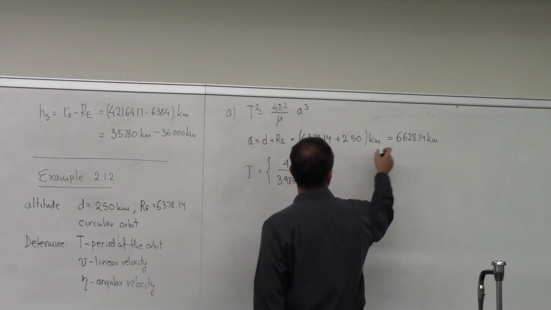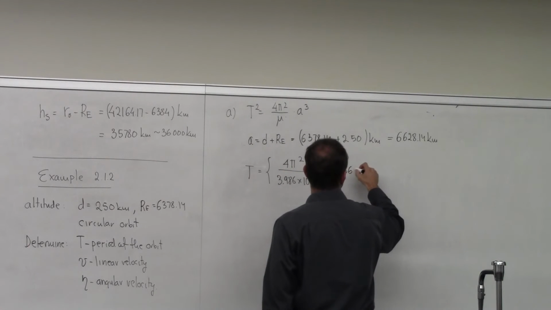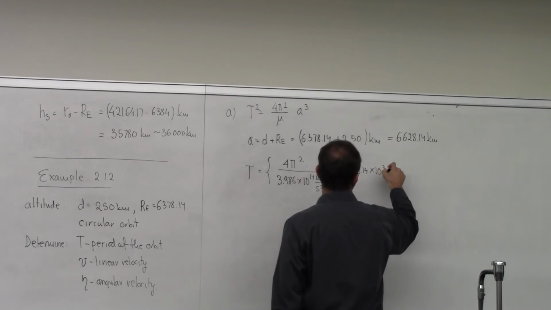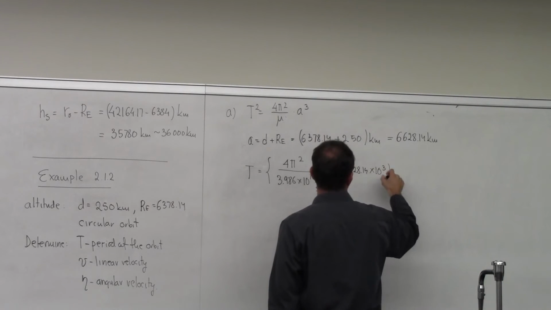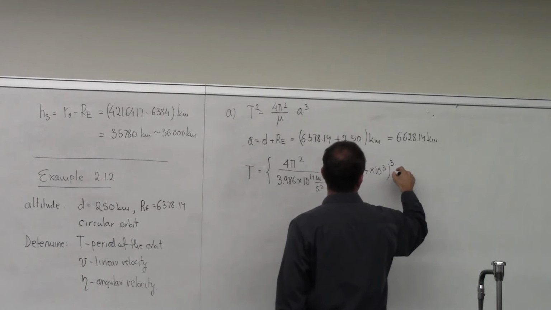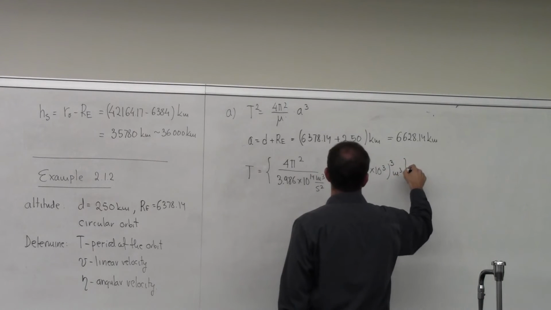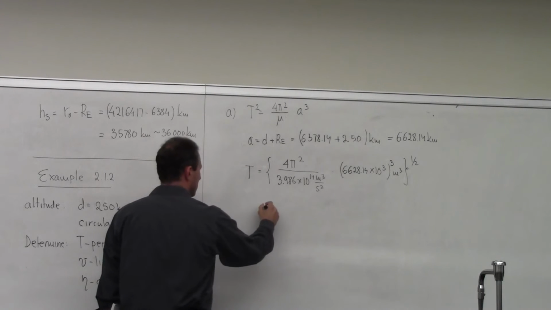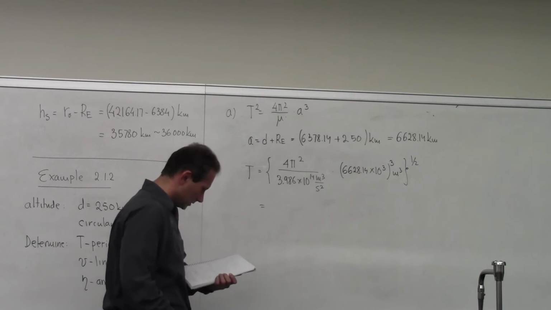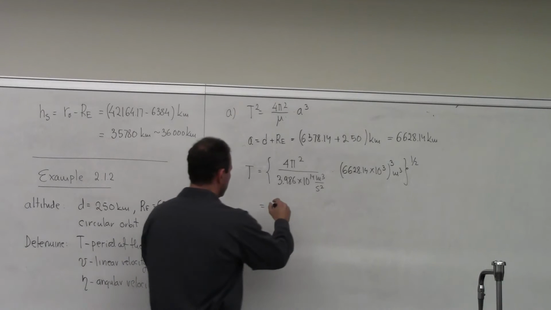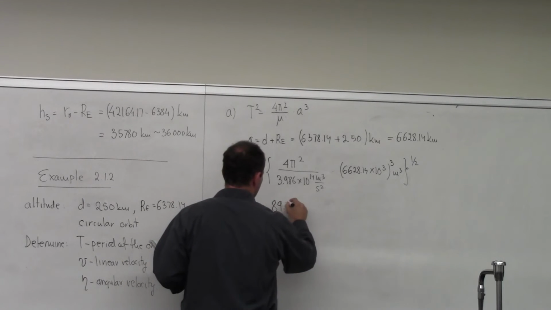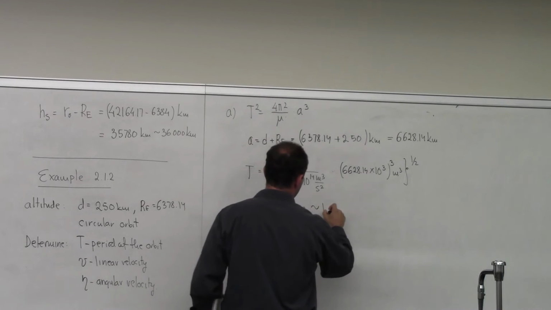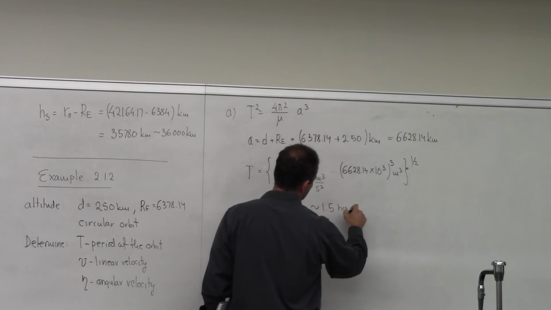And then times this distance here, 6628.14 times 10 to the 3, in meters, cubed, right? And then you have to take the square root of that, and you get about 90 minutes. It's 89.5 minutes, roughly 1.8 hours.